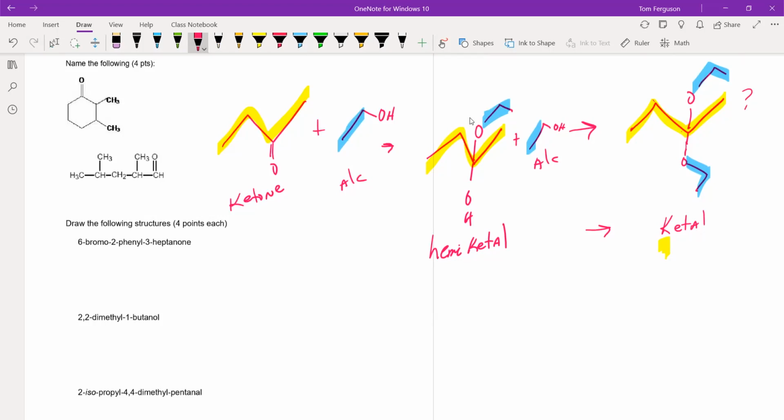If you start with a ketal, another question would be the breakdown products. What would that break down to? Okay, so first of all, this is an OCO, so it's a hemi-ketal. Hemi-ketals break down to their original ketone.